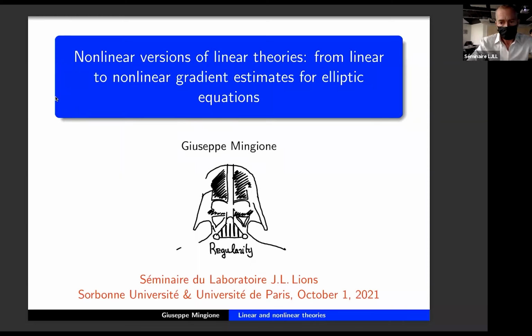So we have participants who are in presence and participants who are remote. The talk will be on nonlinear versions of linear theories, from linear to nonlinear gradient estimates for elliptic equations. And Giuseppe, the floor is yours.